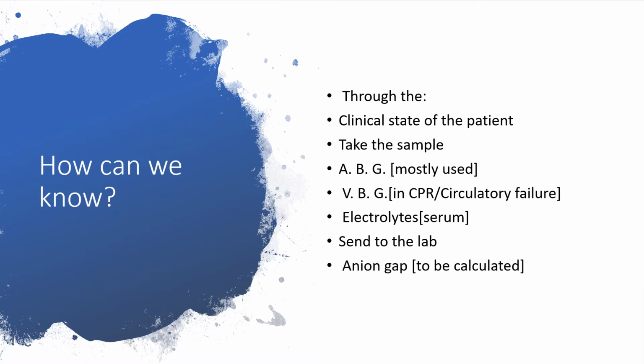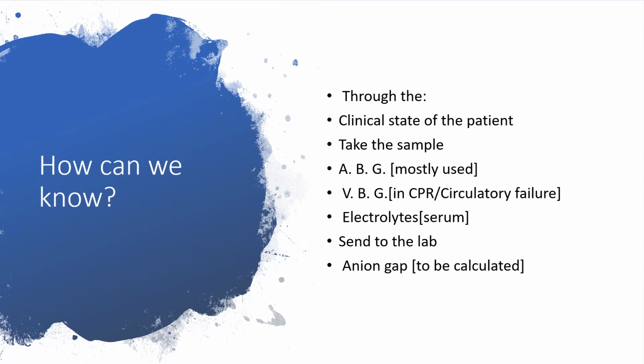How can we know whether we have a balanced acid-base or there is derangement? We can know through the clinical state of the patient. Remember, we are treating human beings, not the lab results.